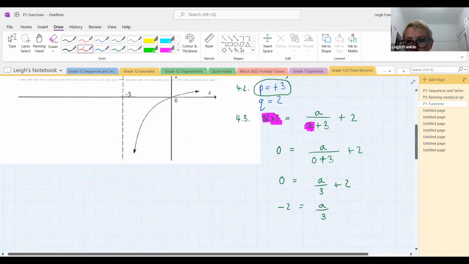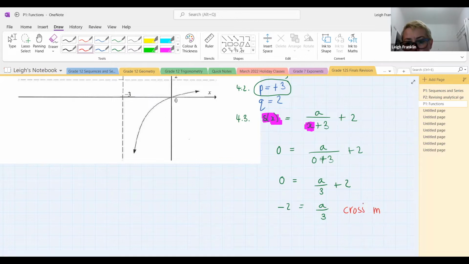Next step is to cross multiply. Okay, quite right, I agree. All right, so we're going to cross multiply, and A is going to be equal to -6.